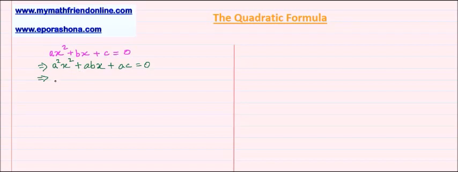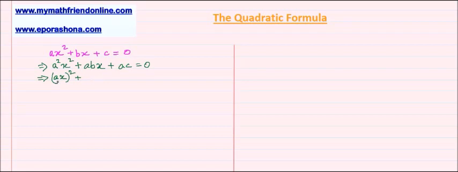Okay? So we write the first term in the form of a whole square, that is ax whole square. ax when squared will be giving us a squared x squared. Okay? Next we write the plus sign. And what is the expansion of the a plus b whole square identity? The first term is a square, second term is plus 2ab, and the third term is plus b square, right?